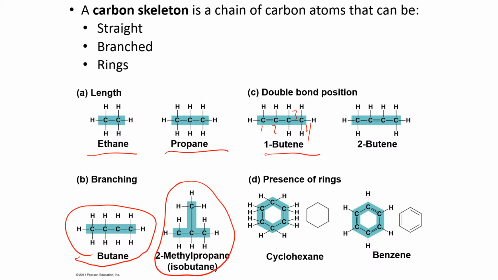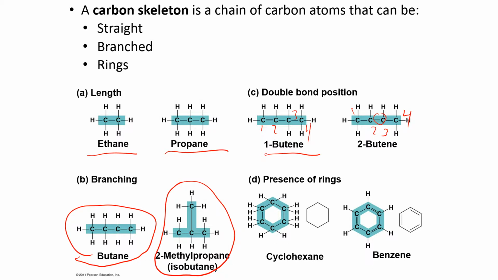And then you have 2-butene, with carbons 1, 2, 3, and 4. That 2-butene is telling you the double bond is found in the second carbon atom. So double bond position can change, which is going to affect how that molecule behaves.